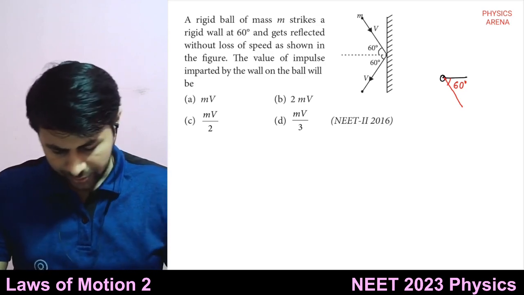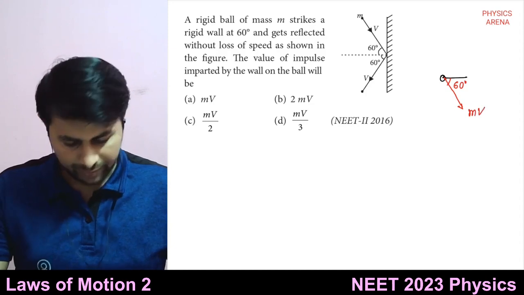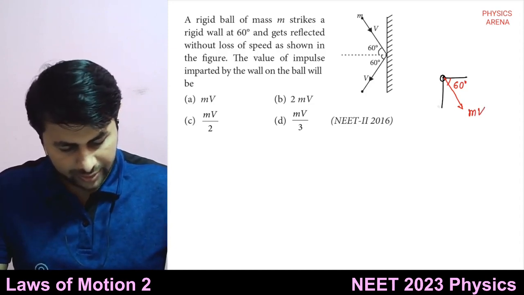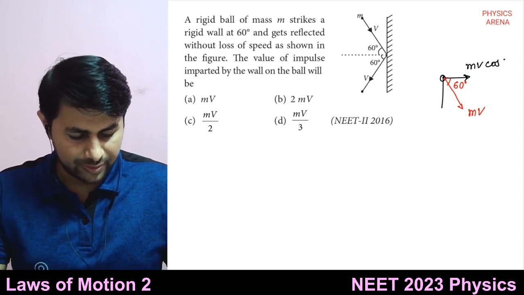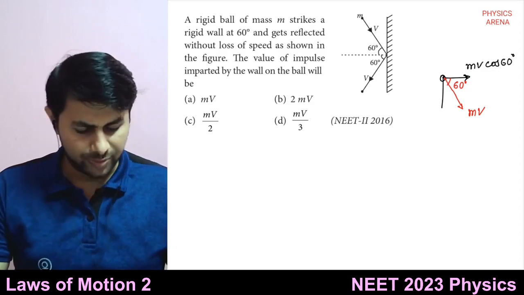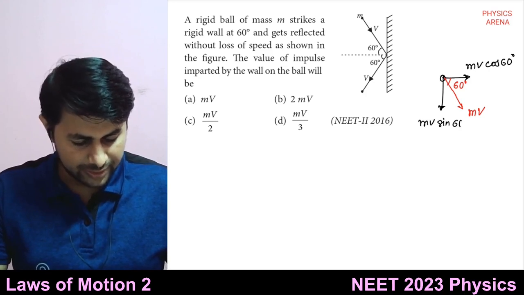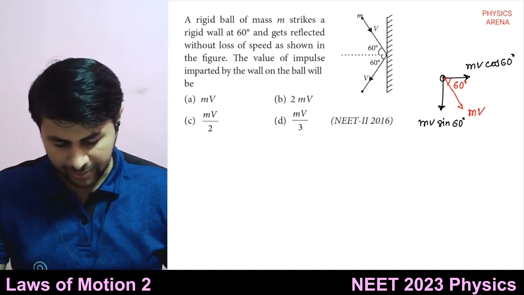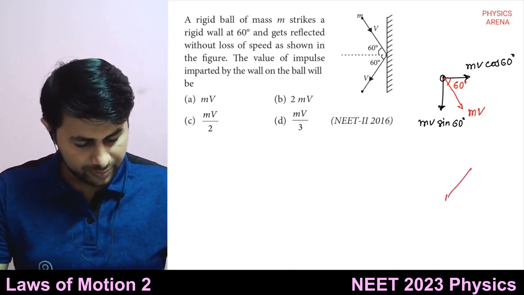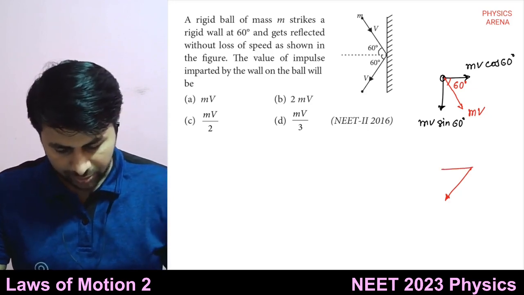So initial momentum is in this direction. It's mv. Now you can resolve it. This component will be mv cos 60, cos theta, and this is mv sin 60. And after it gets reflected from the wall, again this is the total momentum.